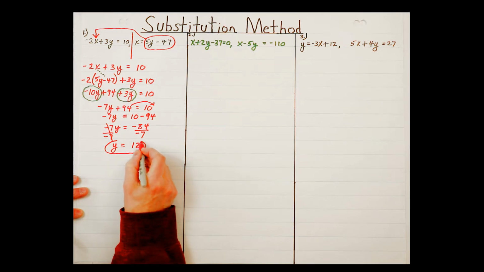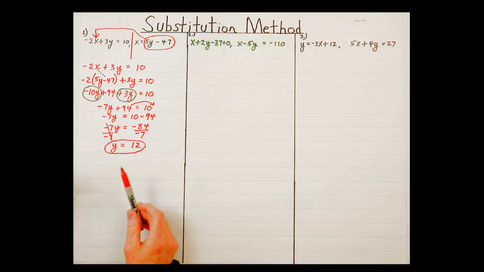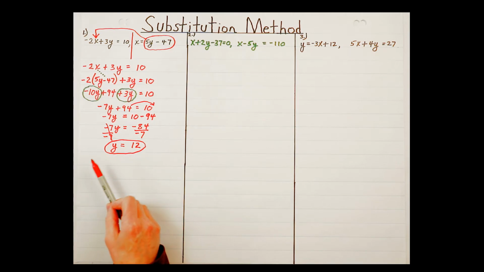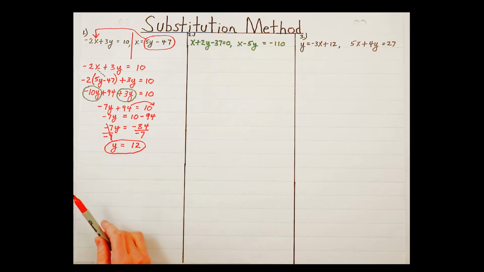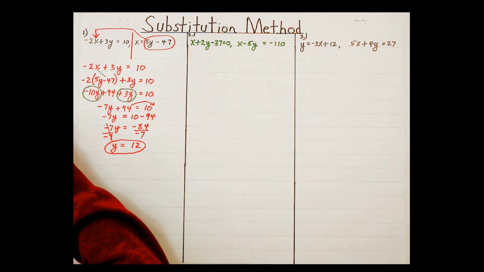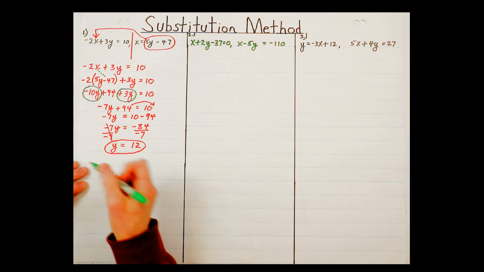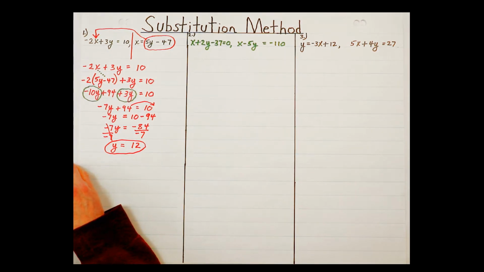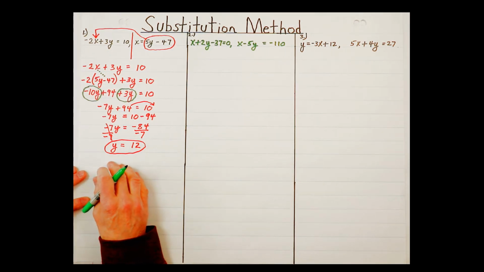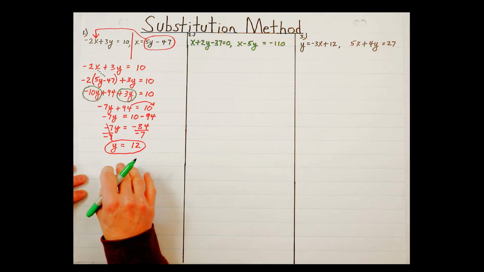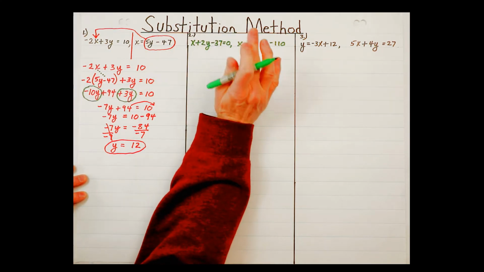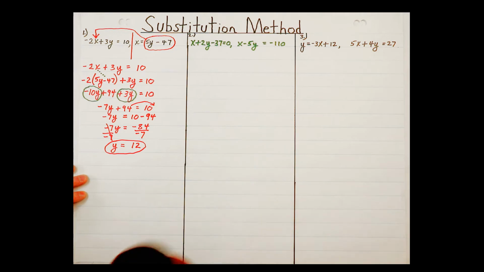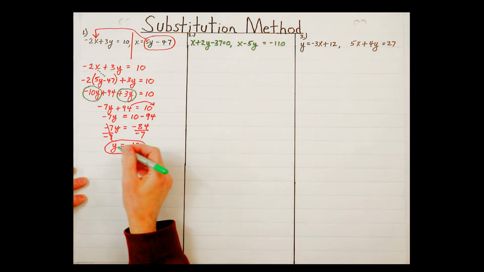So there we go. We now have the first value of a variable, in this case, y. Okay? So you know from elimination what the second step is. The second step in the substitution method is the same as the second step in the elimination method.